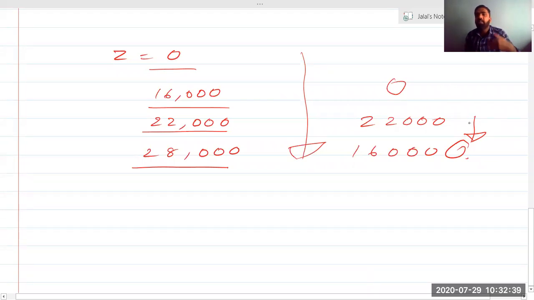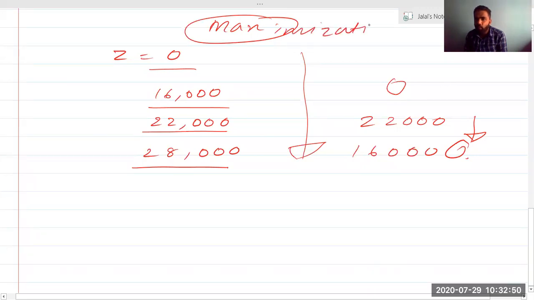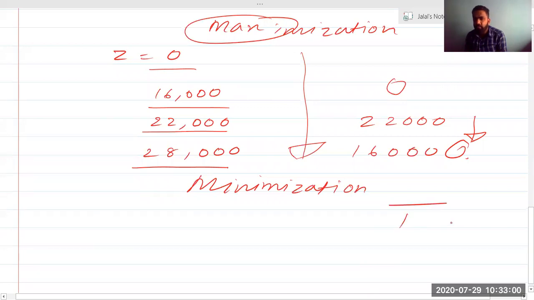Z will always increase when there is a maximization problem. If it would have been a minimization problem, Z will decrease. So we can be very sure about many things.